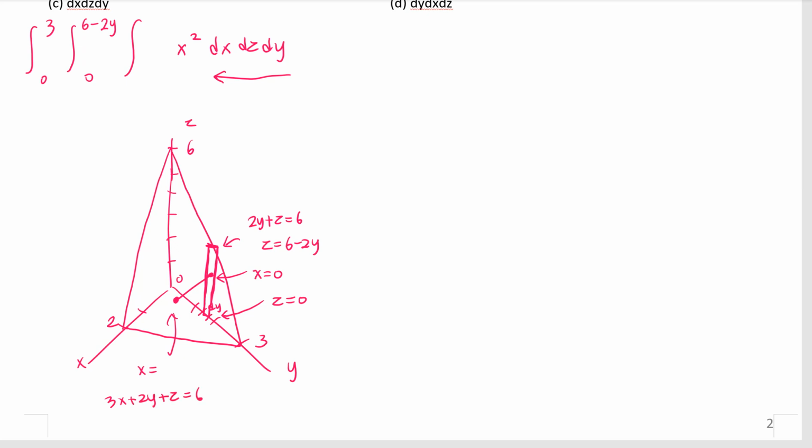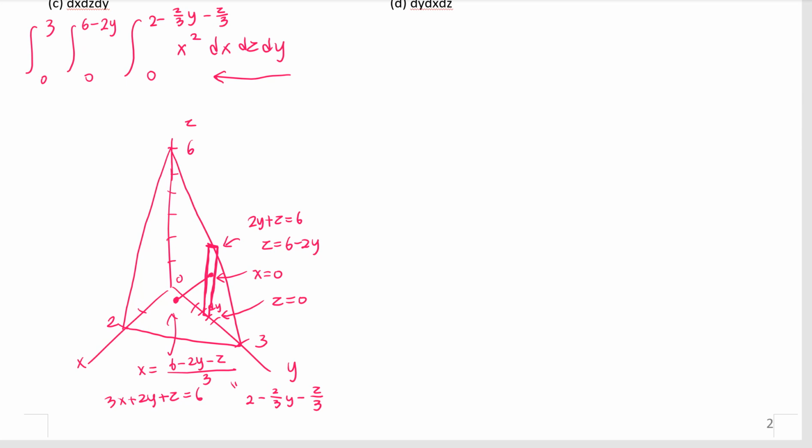So x equals (6 minus 2y minus z) over 3, right? Which is 2 minus 2/3 y minus z/3. So far, so good, everybody. Okay, so let me write it down. This x is from 0 to 2 minus 2/3 y minus z/3. So far, so good, everybody.